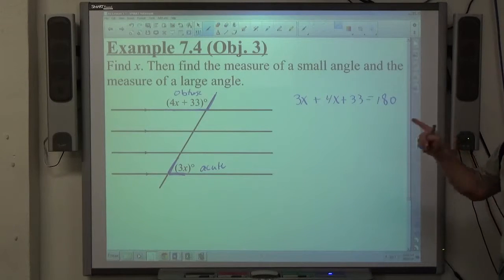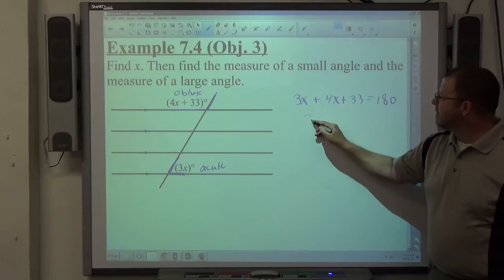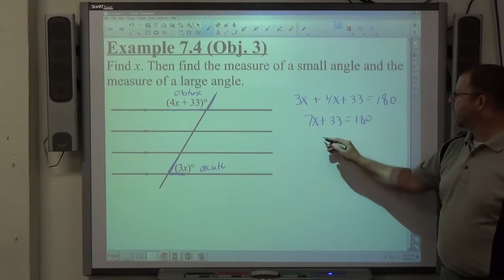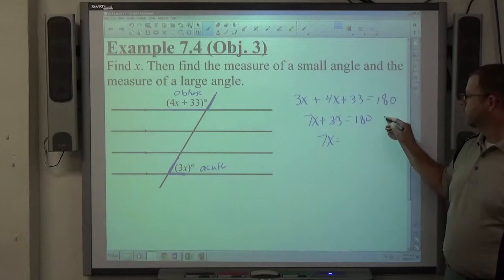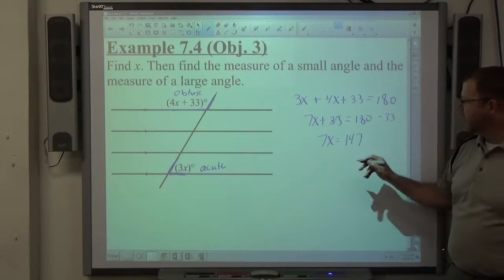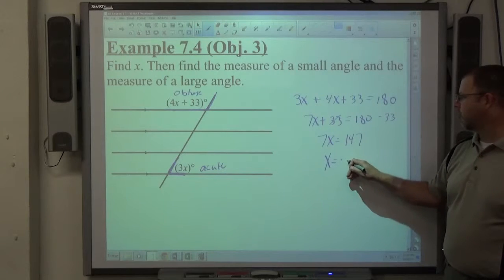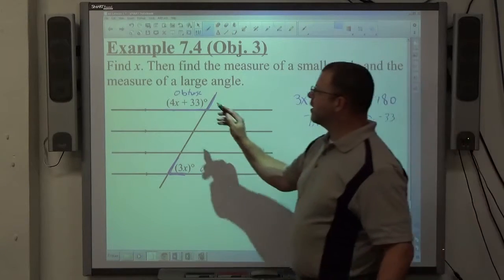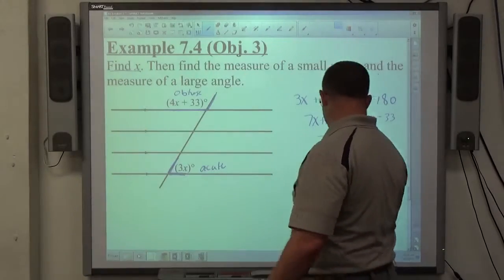Once we get to this point, I've got 7x plus 33 equals 180. Therefore, 7x would equal 147. With the 33 over, change the sign. Divide both sides by 7, get x equals 21. So it said find x. Done.